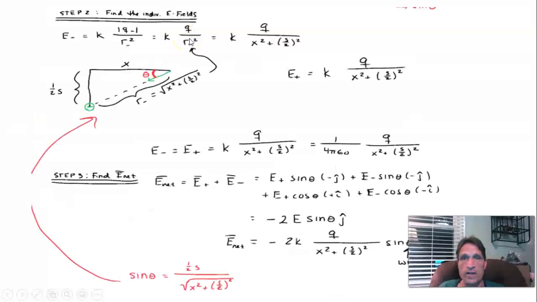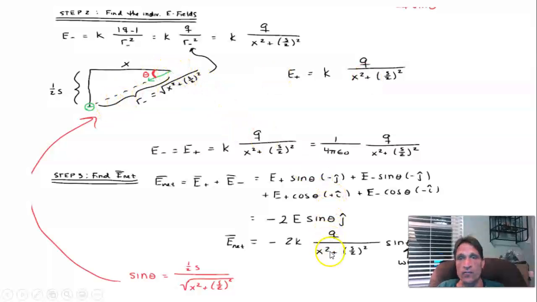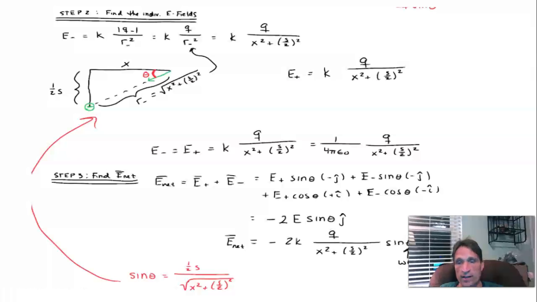And remember, x squared plus (s over 2) squared is the distance squared, and then we get the final factor, s over 2 over the square root of x squared plus (s over 2) squared, which is the sine. So we plug that in.